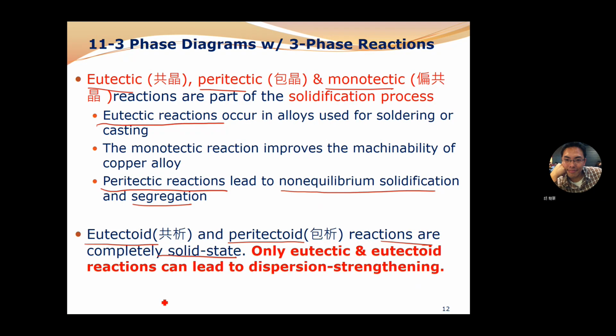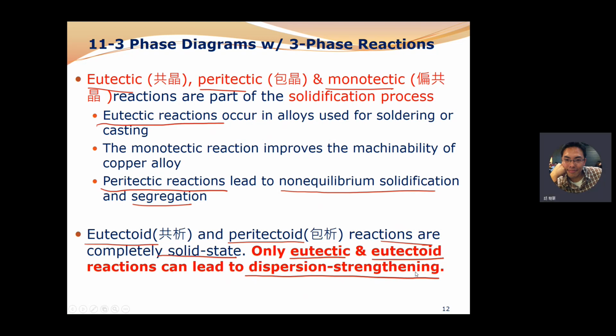Okay, and it's important: only the eutectic and eutectoid reactions can lead to dispersion strengthening. So we find the answer why these eutectic and eutectoid reactions are so important from the phase diagram.